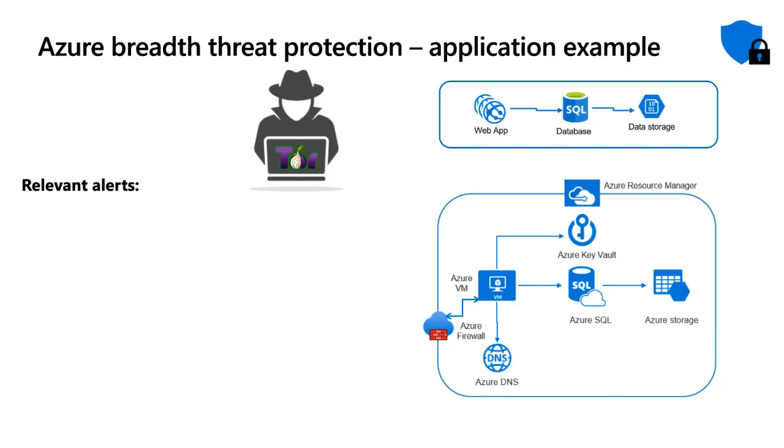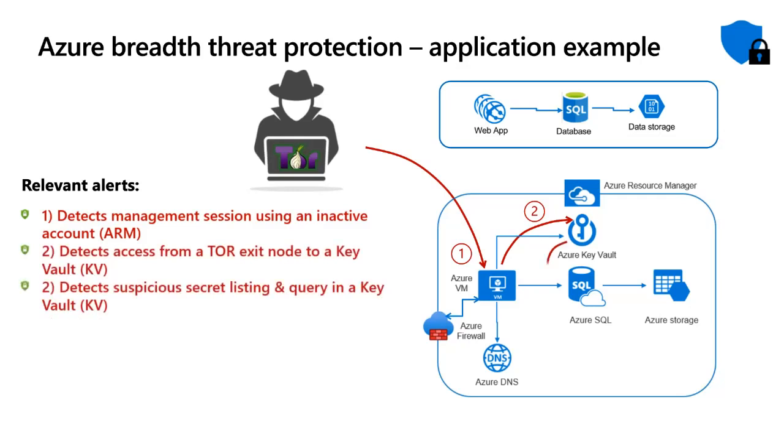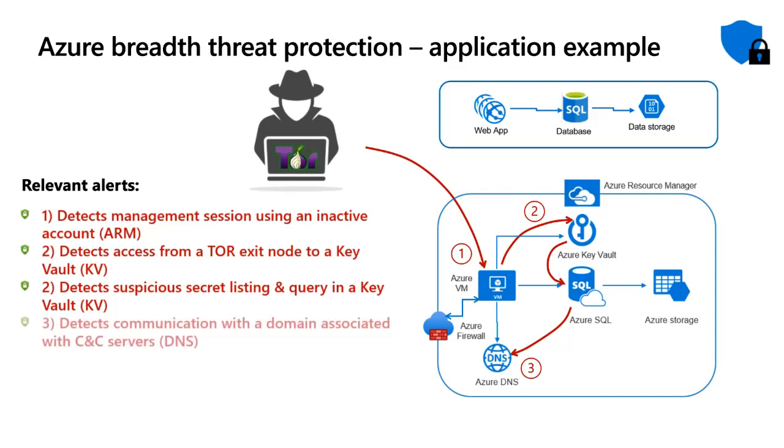We have an attacker who is interested in looking at the web application, trying to get access to our secrets, ultimately for the aim of getting access to our data. In this example, the attacker is performing the attack from the Tor anonymizing network, starting with initial access.